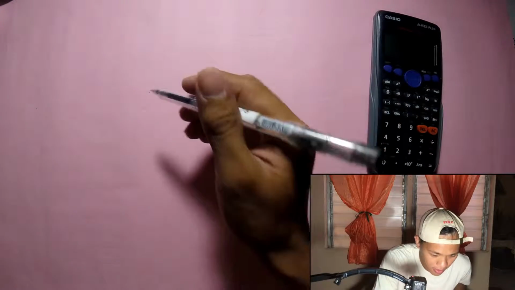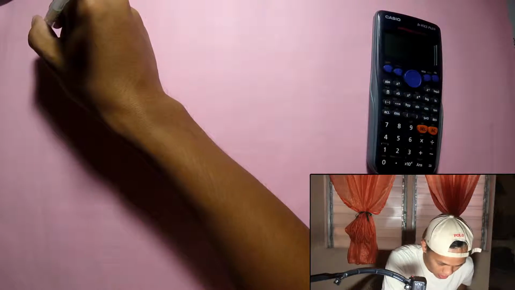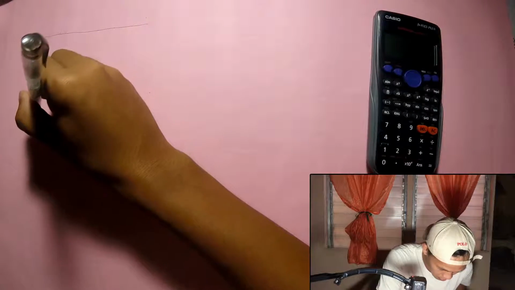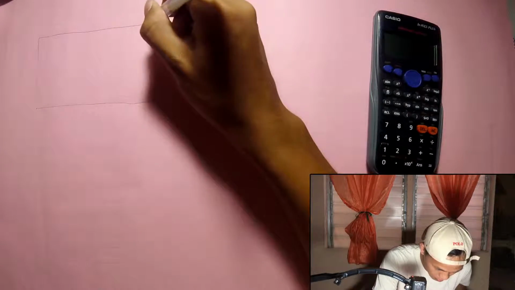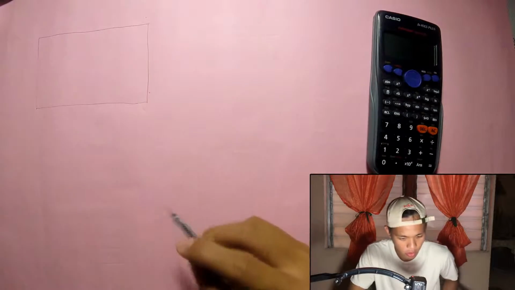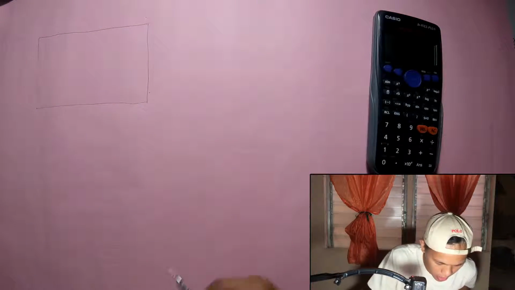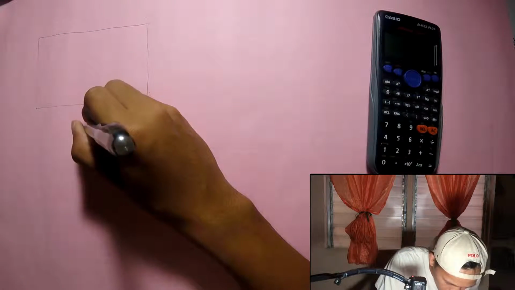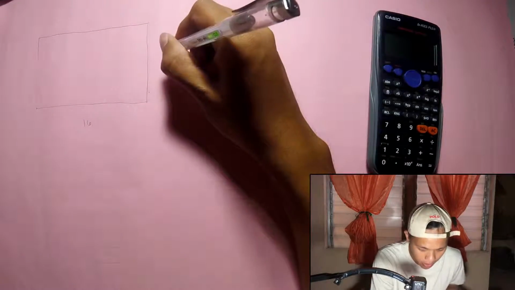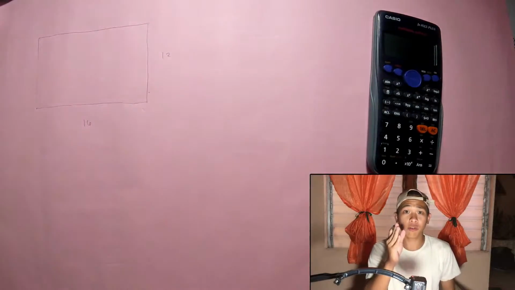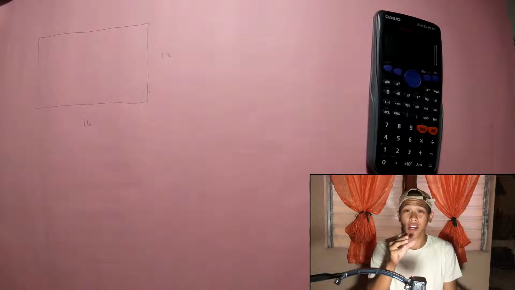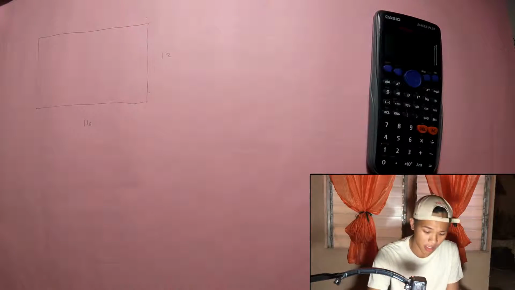So first, let us draw the cardboard sheet. So assuming that this is a perfect cardboard sheet, over here we have the 16 inches and over here we have the 12. Since we will be cutting out squares out of each corner, let us draw them as well.